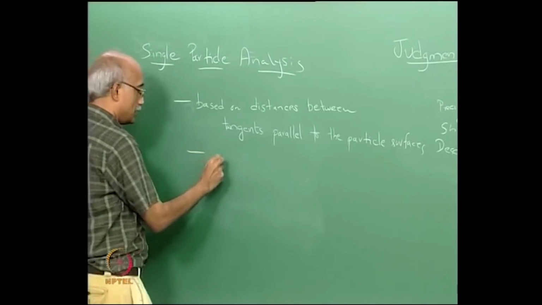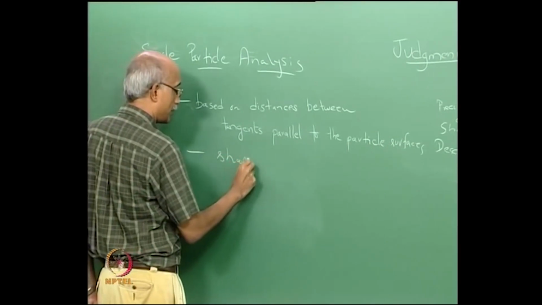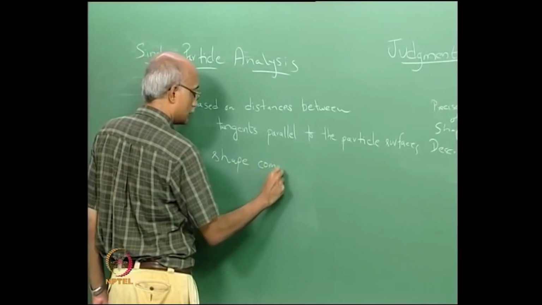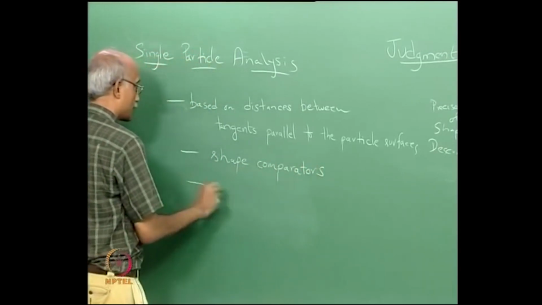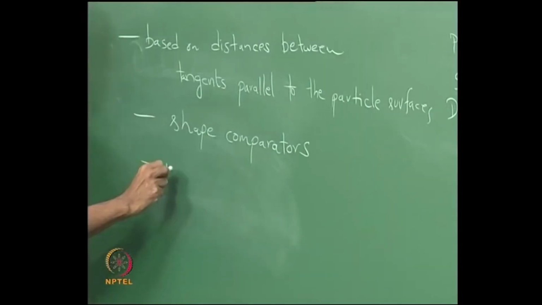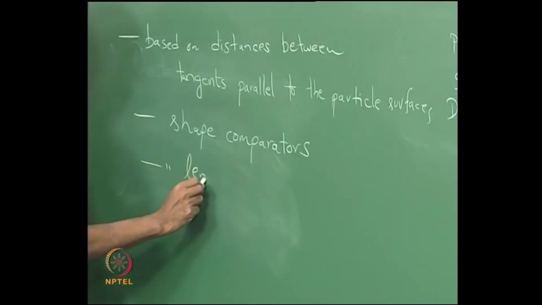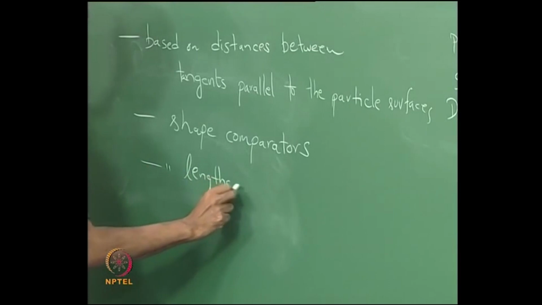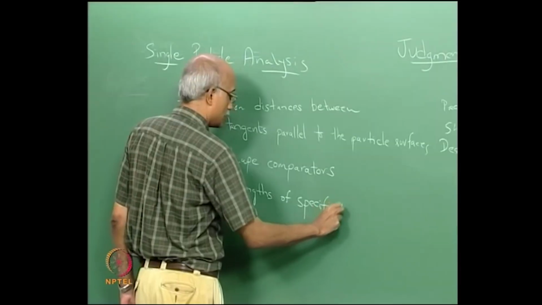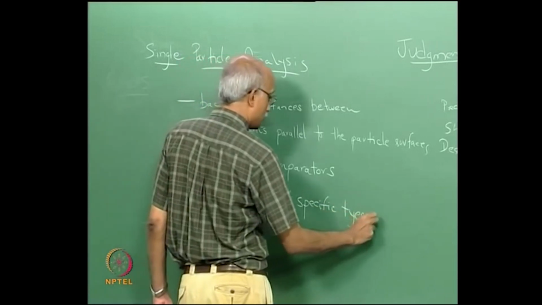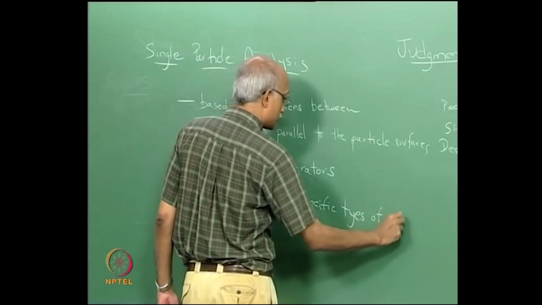The second category is based on shape comparators, and the third is based on lengths of specific types of intercepts.